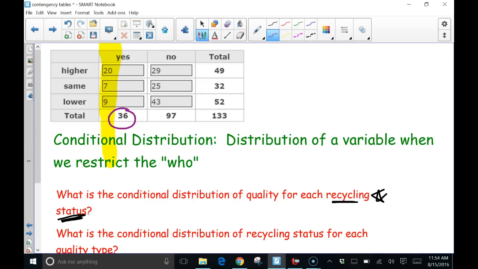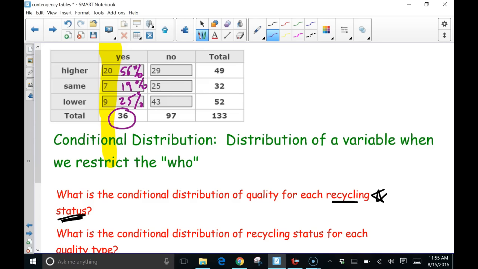And I'm saying out of those 36, what percent thought higher? And in this case, 20 out of 36 is 56%. 7 out of 36 is 19%. And 9 out of 36 is 25%.